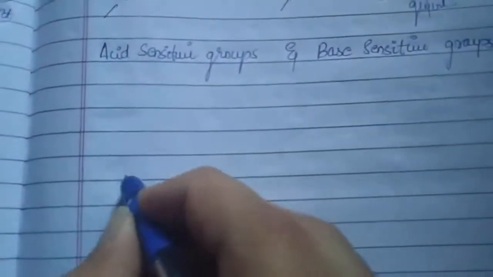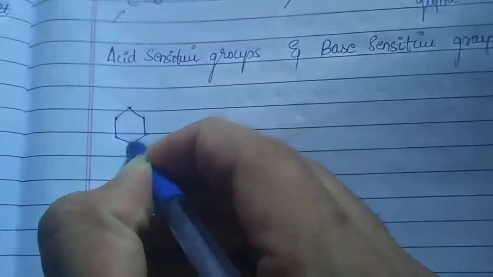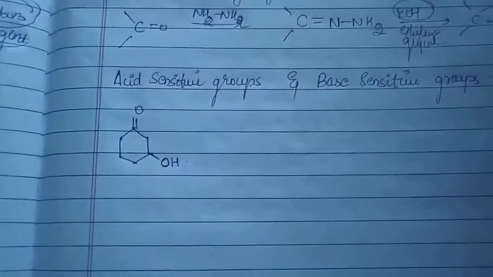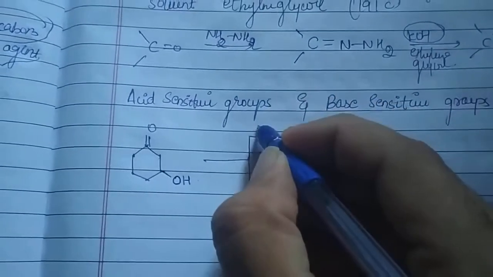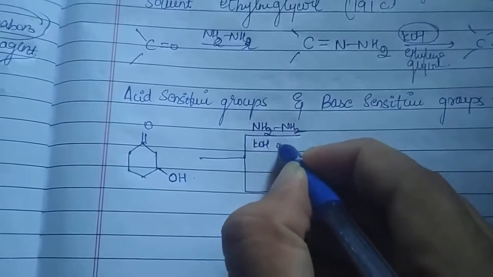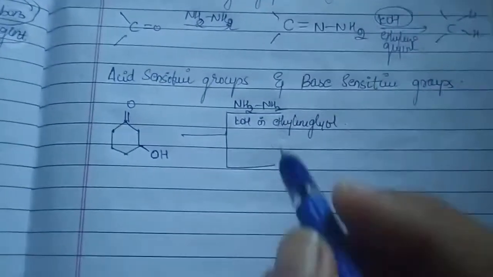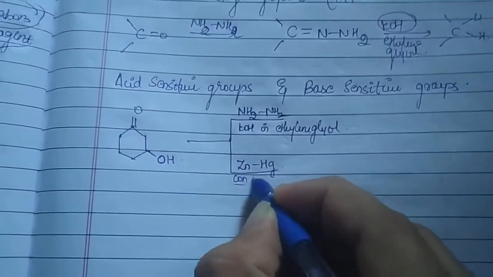For example, let me consider a compound in this way. That is your cyclohexane having a carbonyl group, and it is also having a hydroxy group. Now what happens when you subject such a compound to Wolff-Kishner reduction, that is in the presence of hydrazine and KOH in ethylene glycol, and over here if I am using zinc amalgam in concentrated HCl?